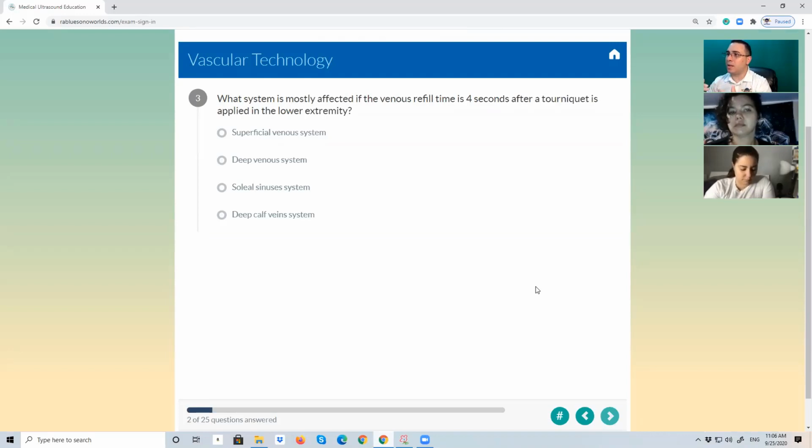The system measures refill time, and this refill time has a magic number. If it is more than this number, it is normal. If it is less, it's abnormal. But then we have to know if the problem is in the deep system or in the superficial system. So how about this one here?